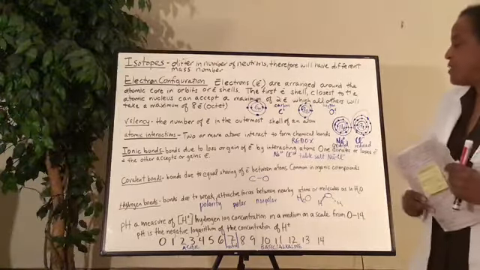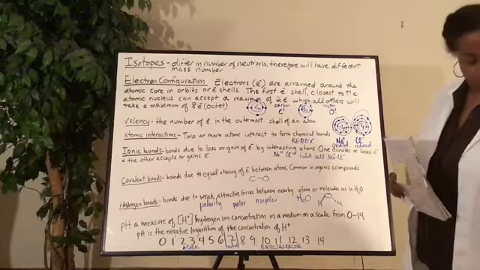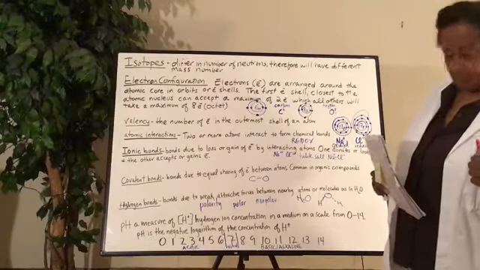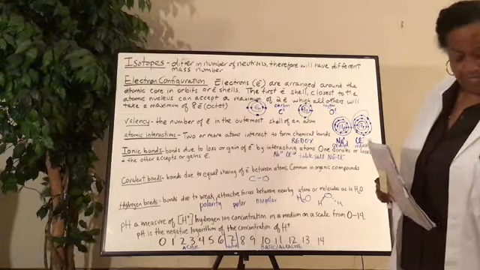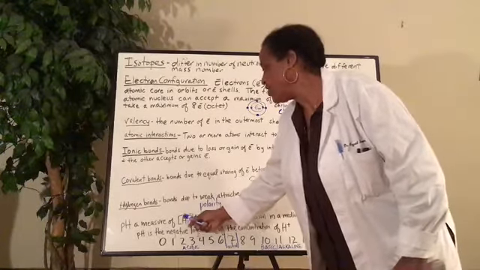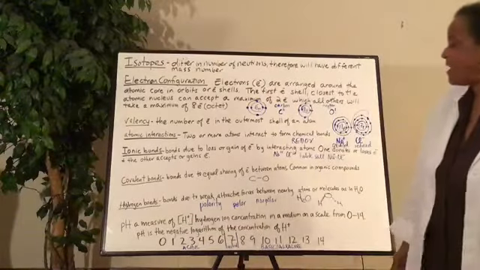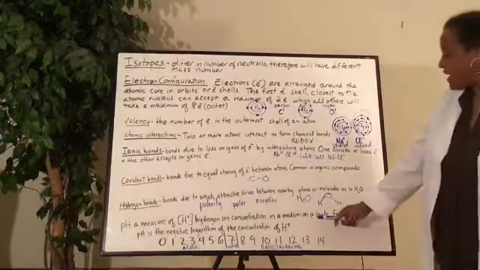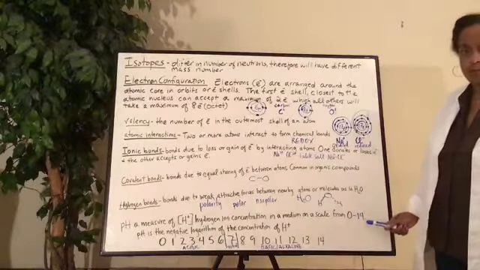Now I want to introduce something called pH. pH is the measure of the concentration. This little bracket here means the concentration of a hydrogen ion, or the hydrogen ion concentration in a medium on a scale from 0 to 14.